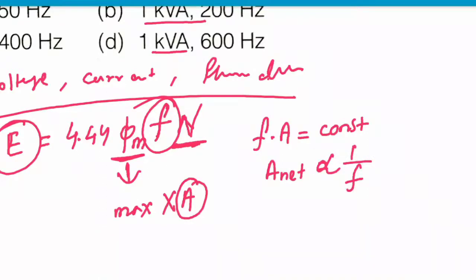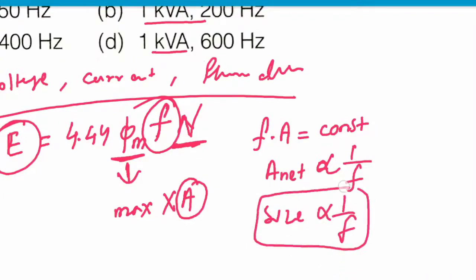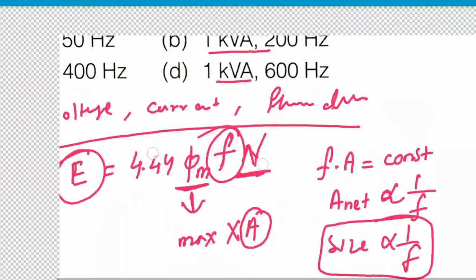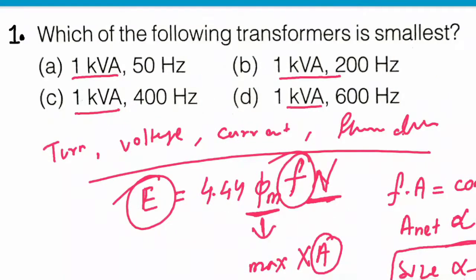This can be said as: the size of the transformer is inversely proportional to the frequency of operation of that transformer. So larger frequency means smaller transformer. Here the largest frequency is 600 Hz, so this will represent the smallest transformer in size. So option D is the correct answer.